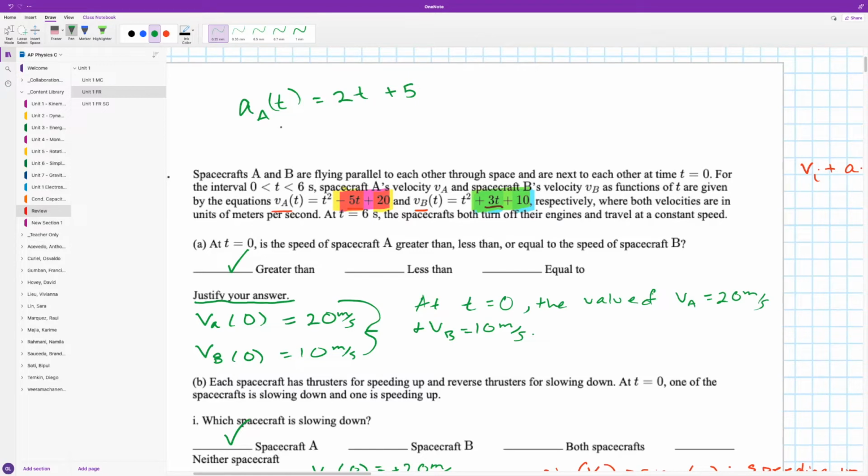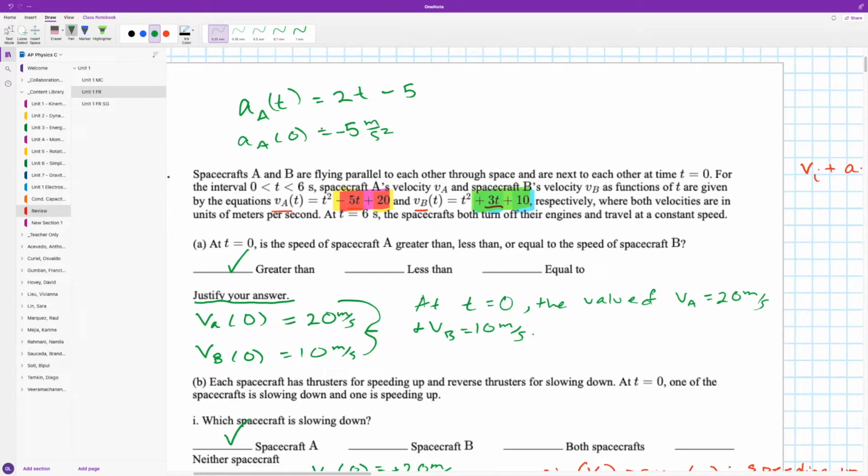So this right here represents the acceleration of spacecraft A as a function of time. We plug in a 0 for the time. And so now we know the initial acceleration is going to be 0 times 2, 0, plus 5, 5 meters per second squared. And I'm sorry, I made a mistake here because I lost the negative. It tends to happen when you move a little quickly.